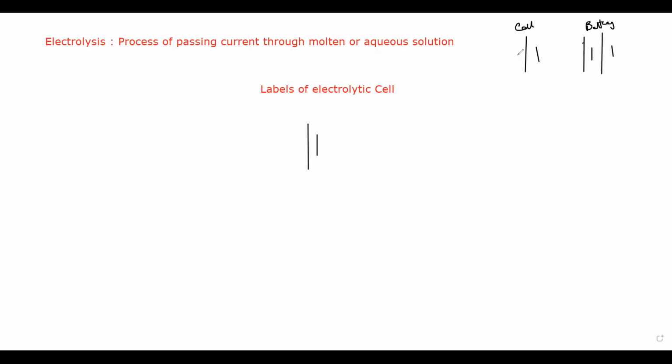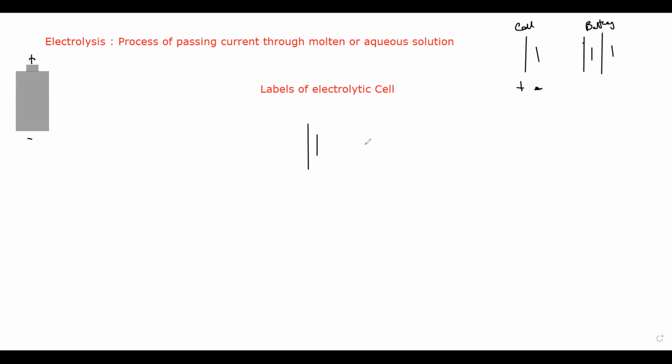A battery or a cell has two terminals. The longer line represents the positive terminal, and the small line represents the negative terminal. As you can see on a pencil cell, it is written positive and negative.